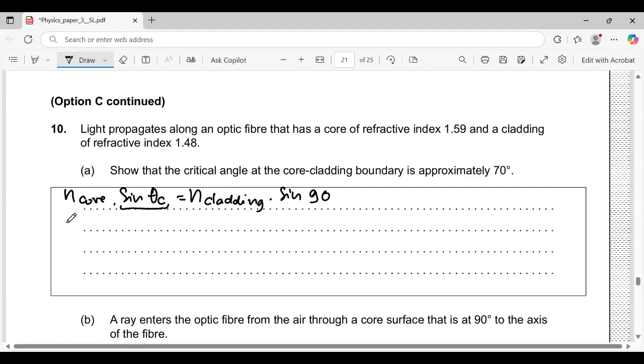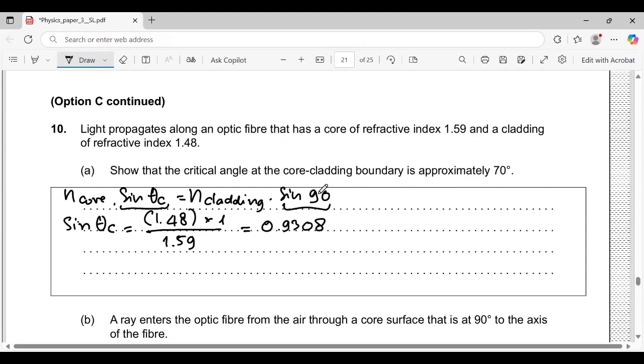If we're going to find sine theta C, because we will find theta C, then with sine theta C as the subject, this equation becomes n cladding times sine 90 over n core. I substitute the number 1.48 times sine 90, which is 1, over n core, which is 1.59 according to this information. And this result is 0.9308.